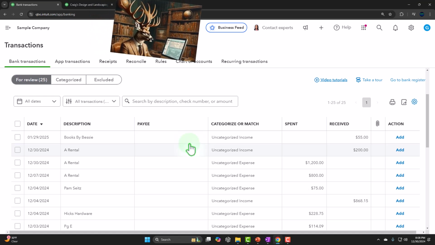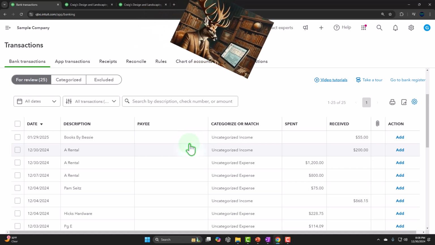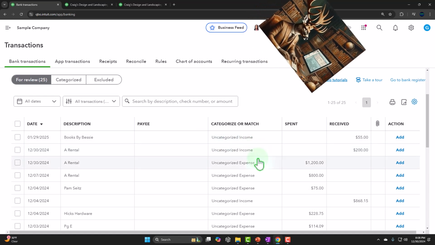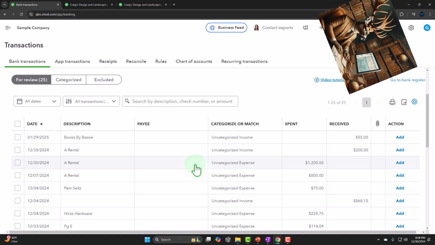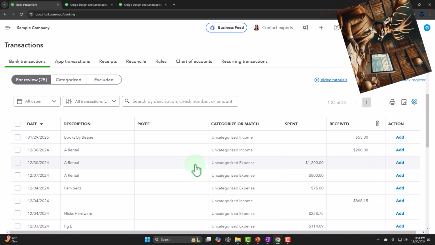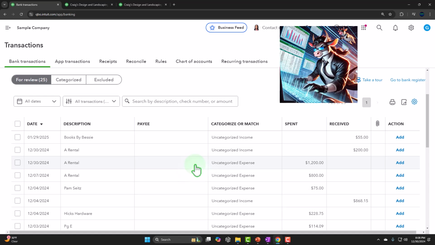Remember, either way you do it, the bank reconciliation is really important. Although, if you have just simply constructed your books from the bank, then the bank reconciliation is going to be very easy because it's going to tie out exactly to what the bank statement says, because you built your books from the bank statement. But you still want to do it because you want to make sure that you didn't double enter something or not enter something.